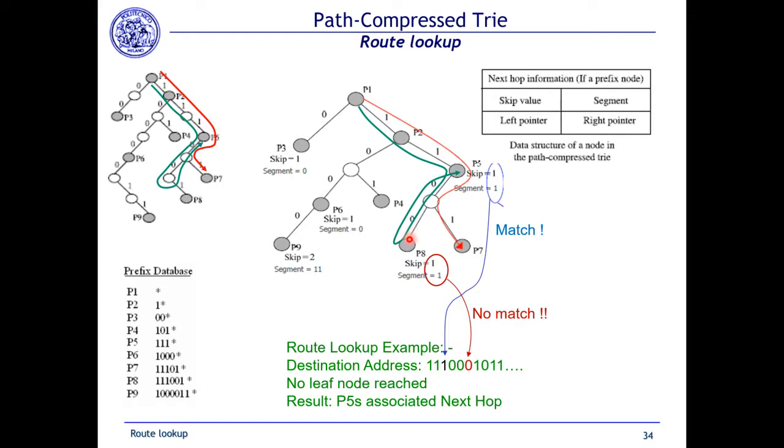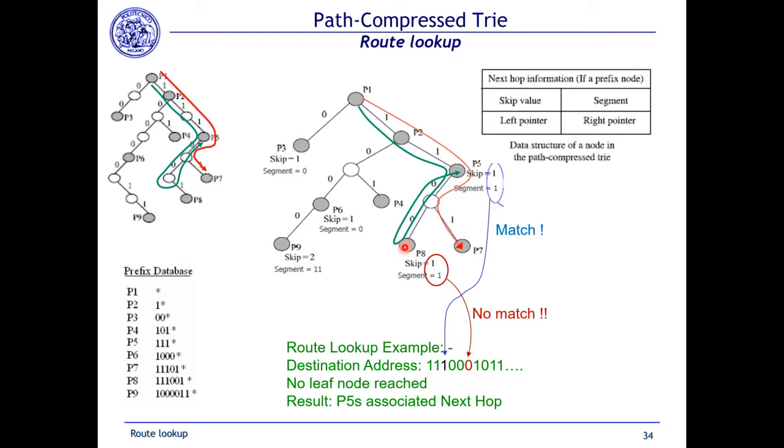And so we land on another compressed node. Skip is equal to 1, so we have to consider the further bit in the destination address. Segment is equal to 1, but the next bit is equal to 0, so we don't have a match. So in this case, we cannot enter this node, the P8, so we have to bounce back.